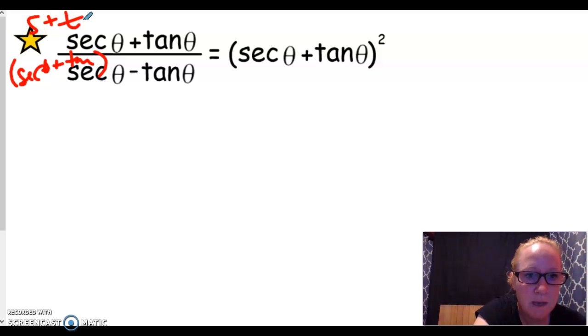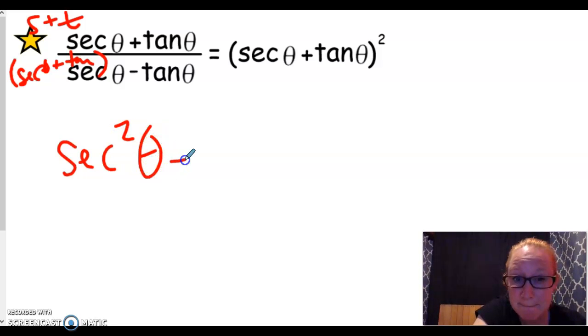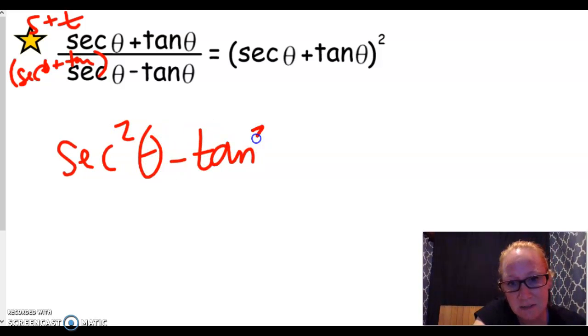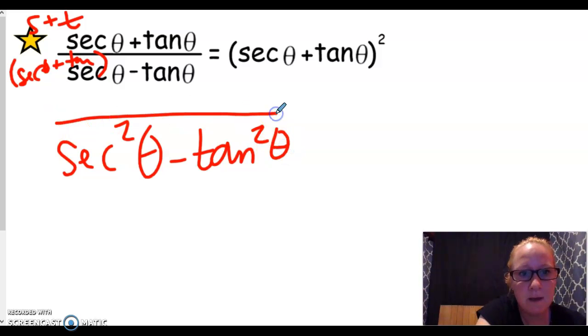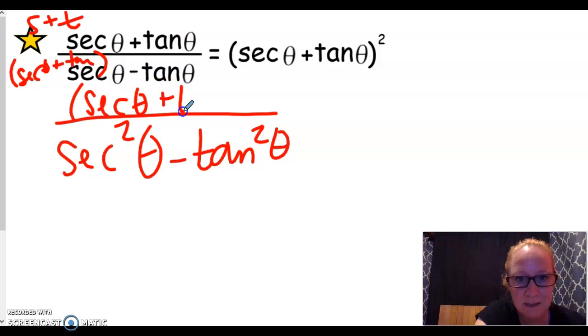Sorry, I'm kind of out of room. Okay, so on the bottom, because conjugates, I end up with secant squared theta minus tangent squared theta. And the top, well, that's just secant theta plus tangent theta all squared.